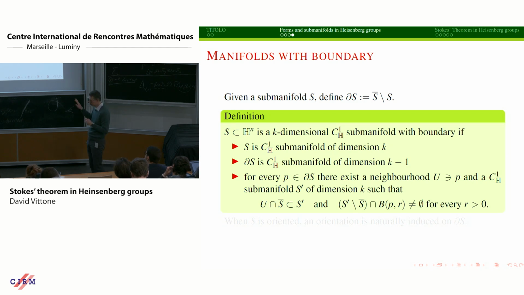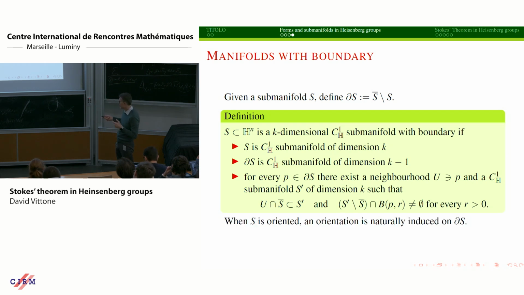So we will need this property that submanifolds with boundary can be extended in a C1, intrinsic C1 way around points of the boundary. And as you can imagine, when S is oriented, it induces in a canonical way an orientation on the boundary. This is quite simple, so I will take it for granted.